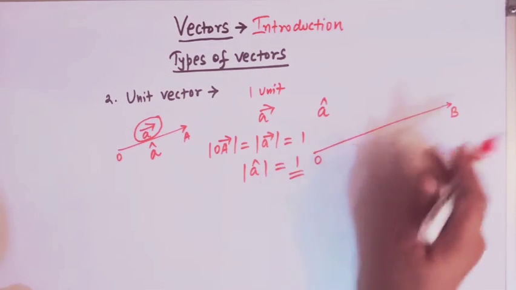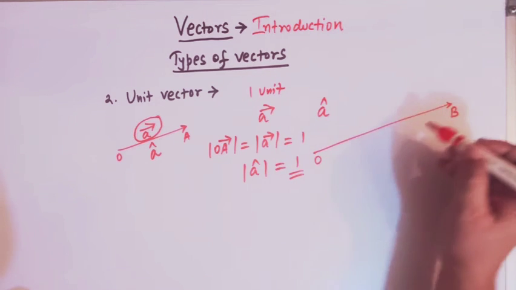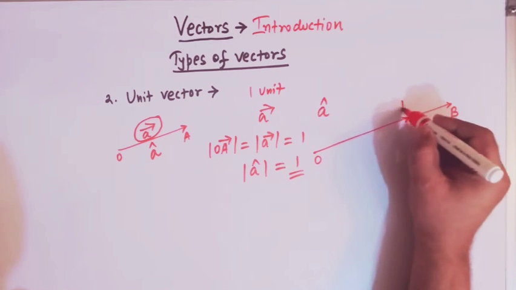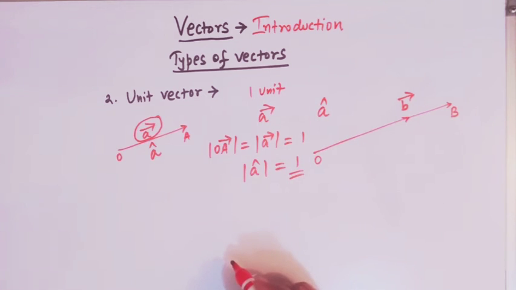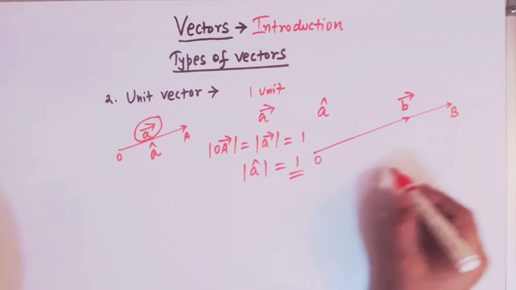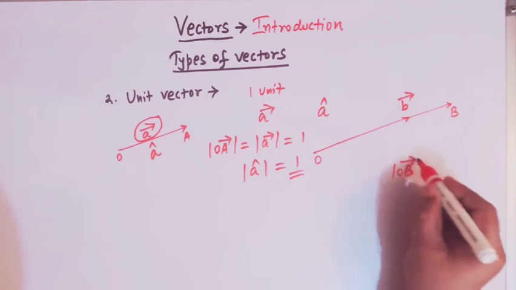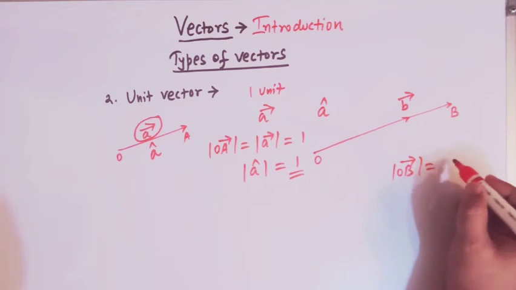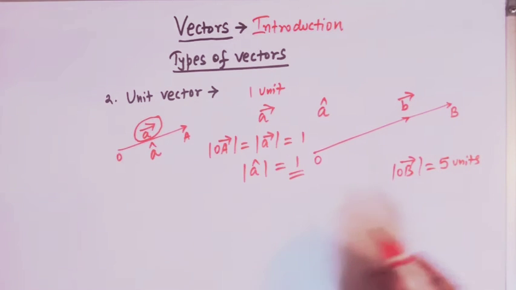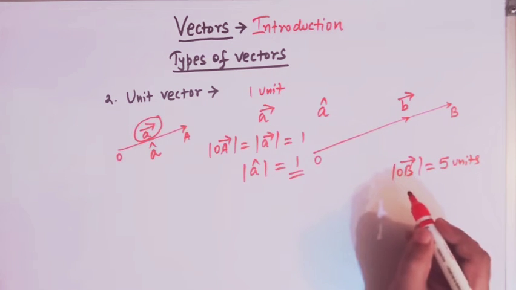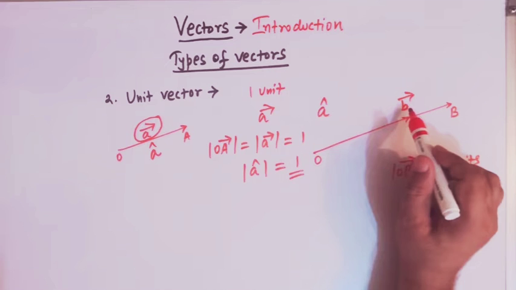Now suppose this is a vector OB and this is vector B. Now let the magnitude of vector OB be, say, 5 units, right? So what is a unit vector in the direction of vector B?